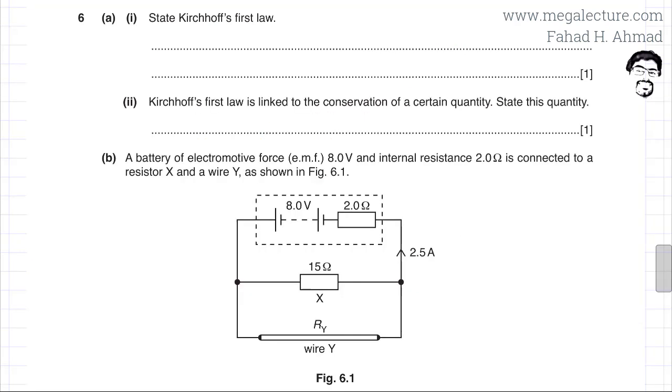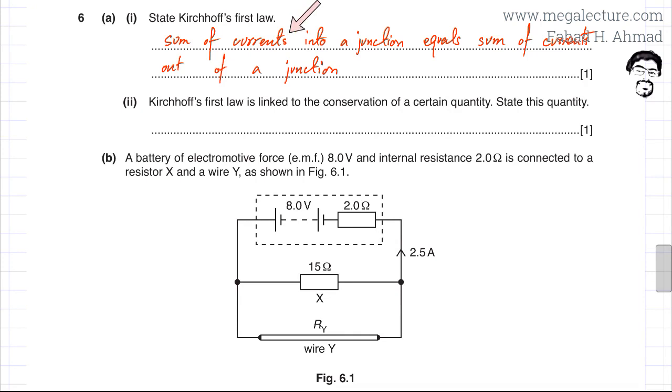Question. The first part of the question states you have to define what Kirchhoff's first law is. So the law is defined as the sum of currents into a junction equals the sum of currents out of a junction.